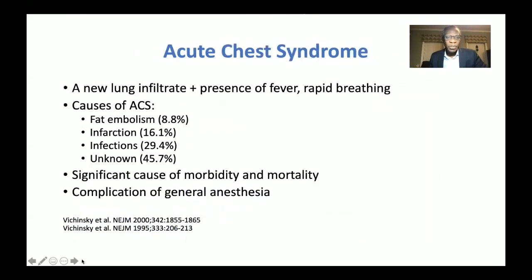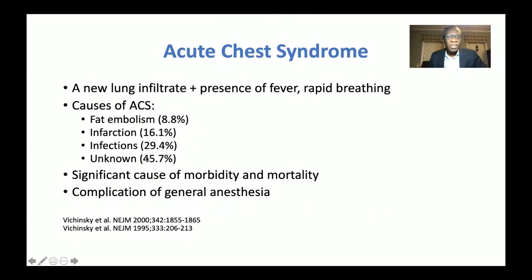Acute chest syndrome is a very important complication of sickle cell disease, a major cause of morbidity and mortality. It's defined as a new lung infiltrate in the presence of fever and rapid breathing. Causes include fat embolism, infections, and in many cases, there's no direct trigger.